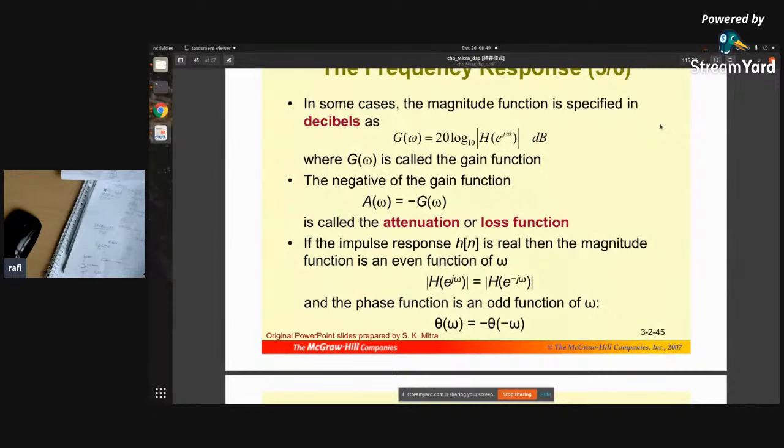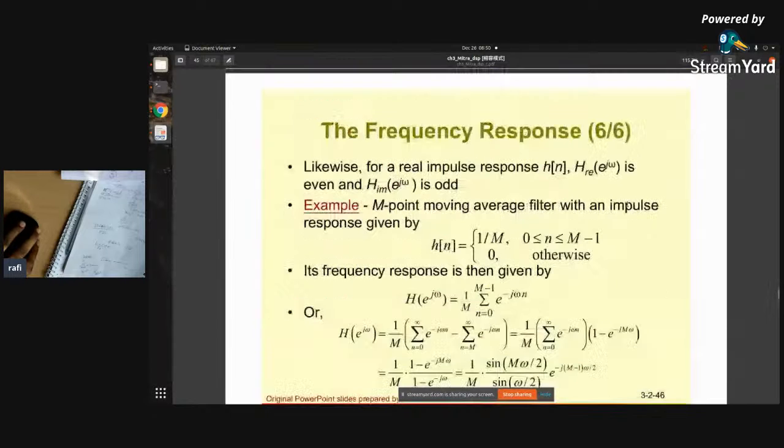That means we need to pass some frequencies and attenuate some frequencies. Wherever the gain is 0 dB, that is our pass band, where the signal can be transmitted in that frequency range without any loss. When the gain is negative, the signal is transmitted through the system with some loss. That we call attenuation.